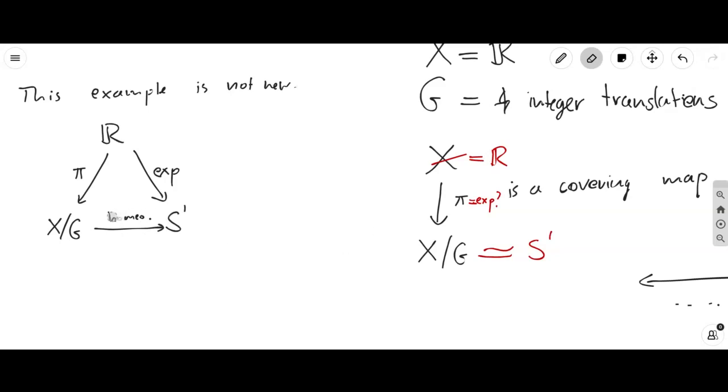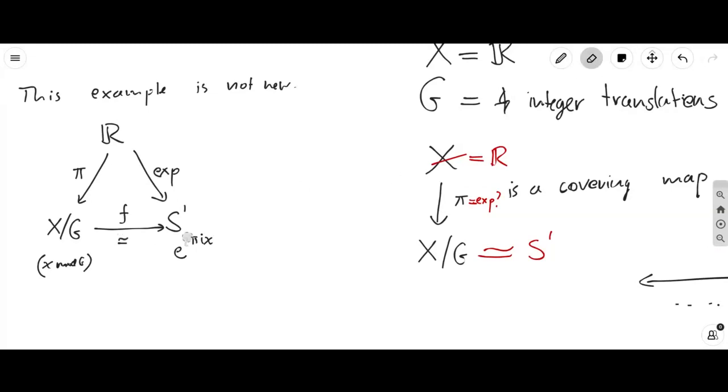And let's actually write down what this homeomorphism is. So maybe we call it F. That's going to be our homeomorphism. And what is F doing? Well, quite simply, if you take an equivalence class, it would be some real number x mod G. And to get that point on the unit circle, you just map that point to e to the 2 pi i x.